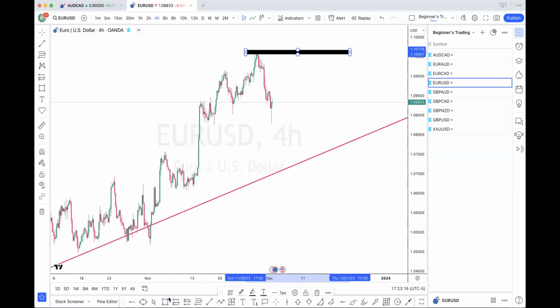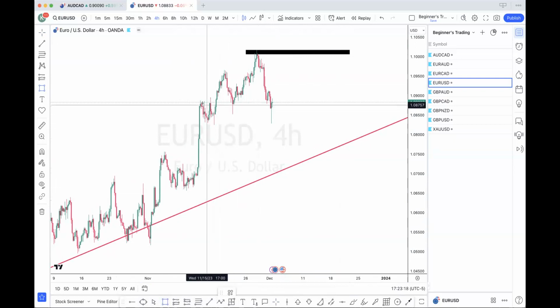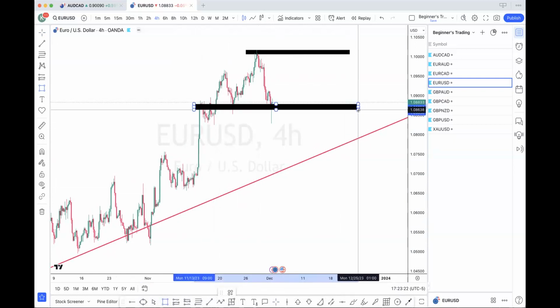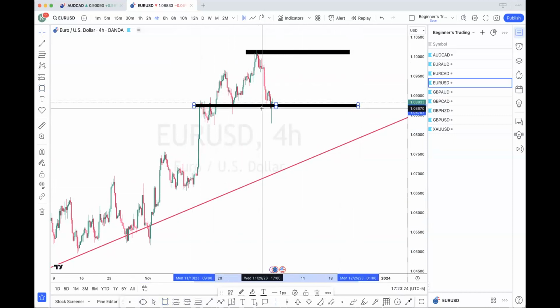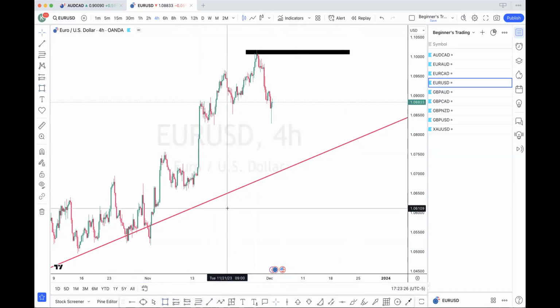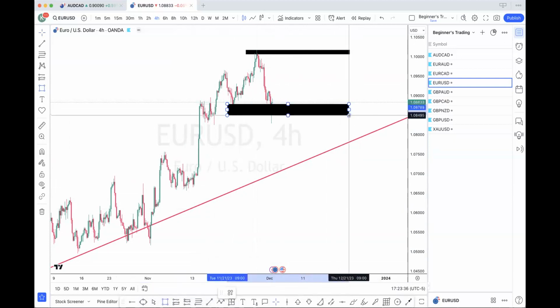And does everybody know the difference, right? And then I'm just gonna put a little zone here. Does everybody know the difference between a high, a low, a swing high, and a swing low?